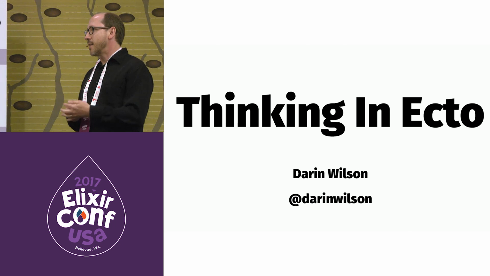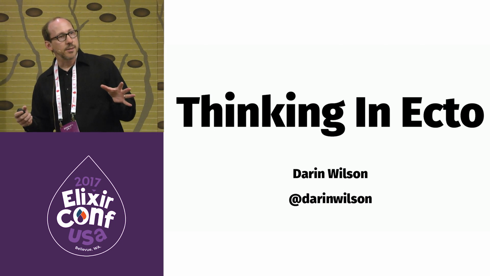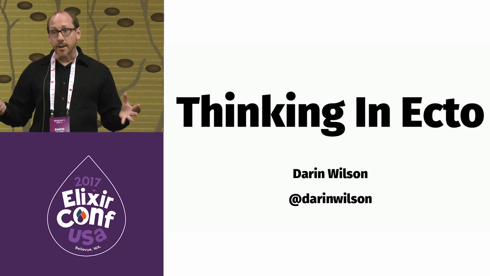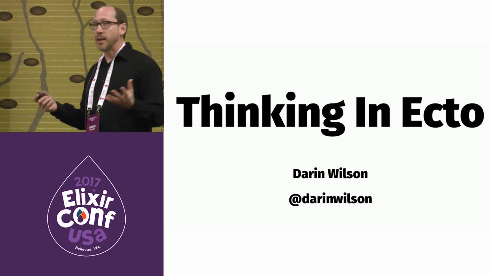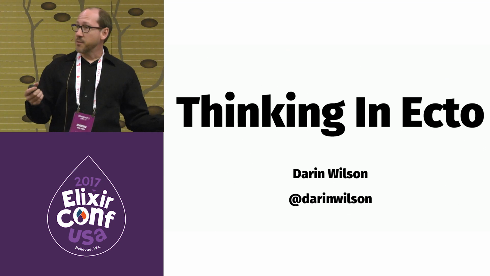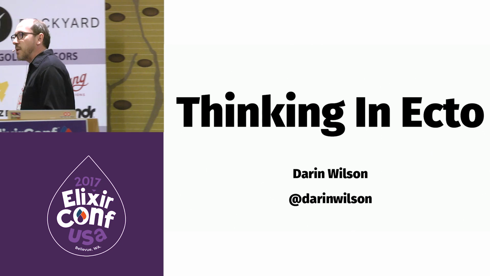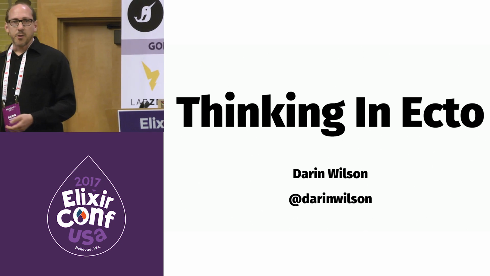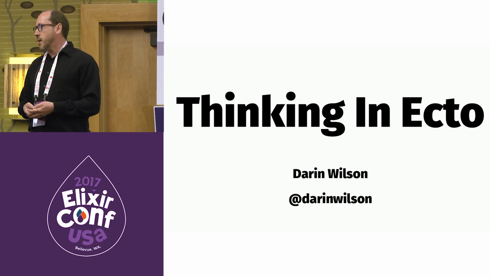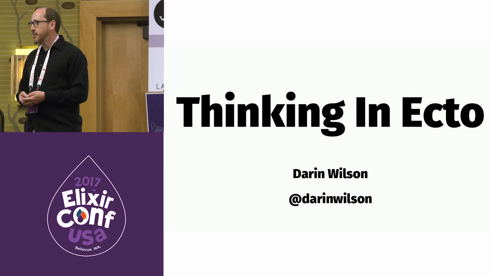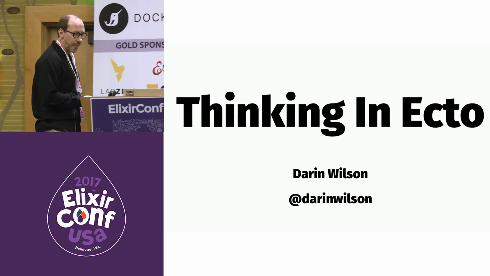Now, I should clarify that when I say big ideas, I'm not necessarily talking about original ideas or groundbreaking ideas, ideas you've never heard before. Depending on your perspective, you may not even think these are good ideas. But these are, in my mind, the ideas that make Ecto Ecto. And if you keep them in mind as you're starting to explore the API, hopefully things will start to make a little more sense a little more quickly than not.